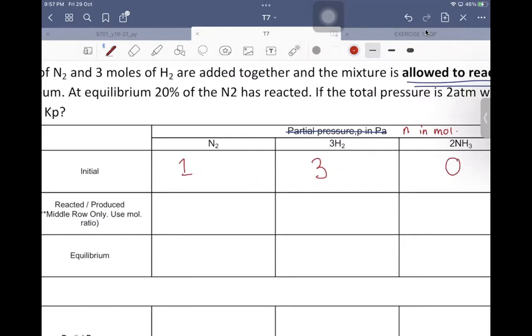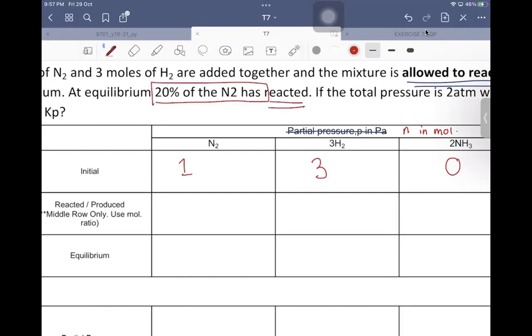They are then allowed to reach equilibrium, right? At equilibrium, 20% of the nitrogen has reacted. So that is your second row, the reacted and produced row, and it says 20% of nitrogen has reacted.